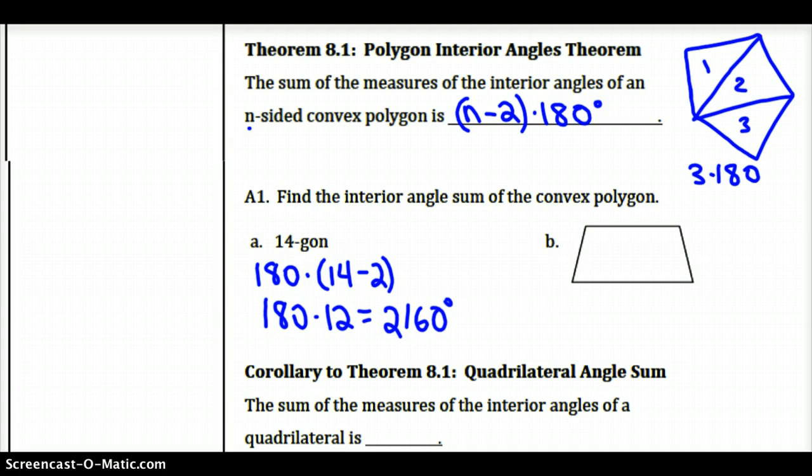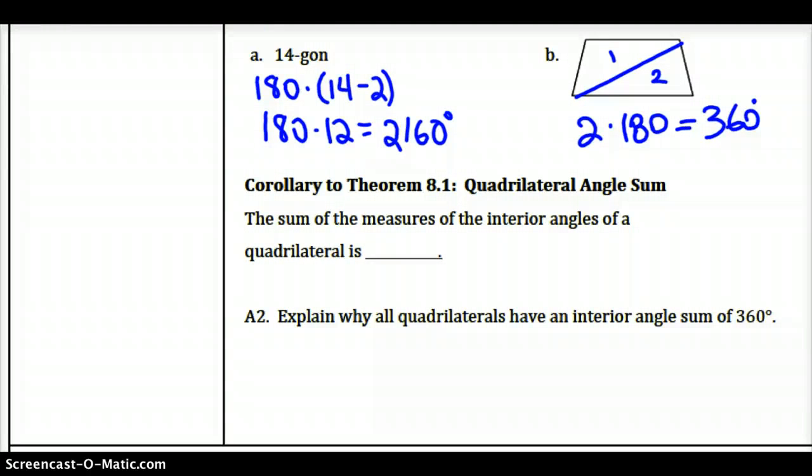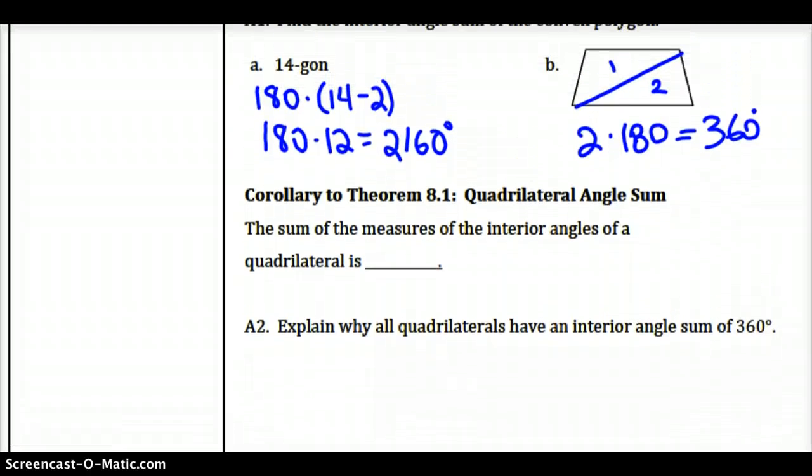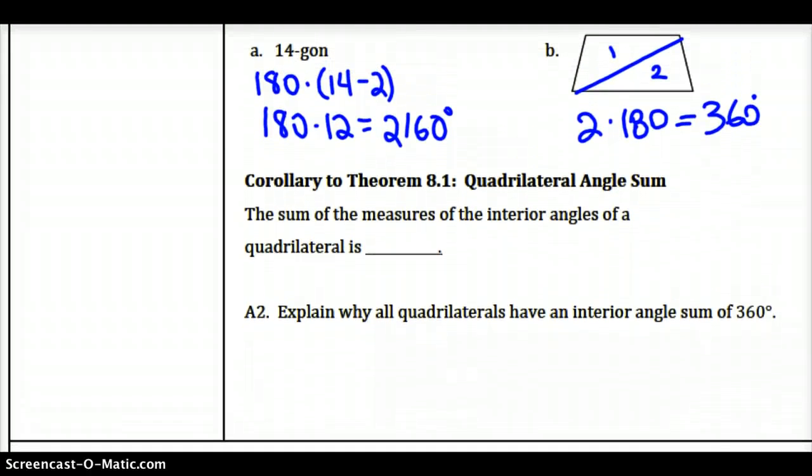My n is 4, or I could just put a diagonal here and say, hey, I got 1, 2 triangles. So 2 times 180 equals 360 degrees. Moving on. With that, 360 degrees.